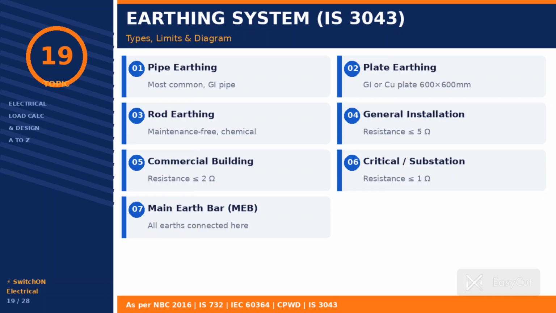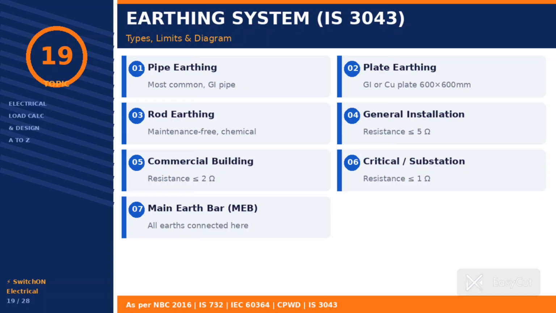So if you want less resistance, you have to increase the area. Plate earthing will have more surface area, so that we will get less resistance. So for high voltage application we use plate earthing, not pipe and rod earthing. For general purpose we use pipe earthing and rod earthing.